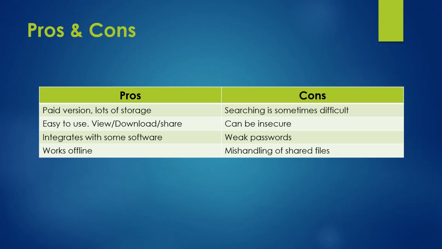So here's some pros and cons of Dropbox. The paid version gives you lots of storage, but searching is sometimes difficult. When you've got lots of folders and you don't name things well enough, it's really hard to find things if you don't know exactly what folder you put it in.